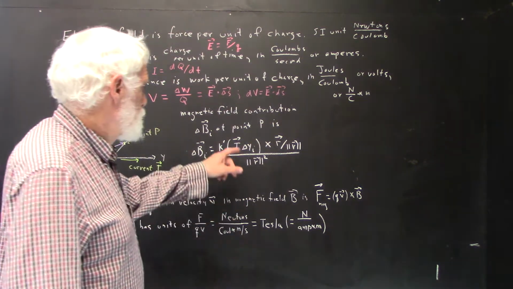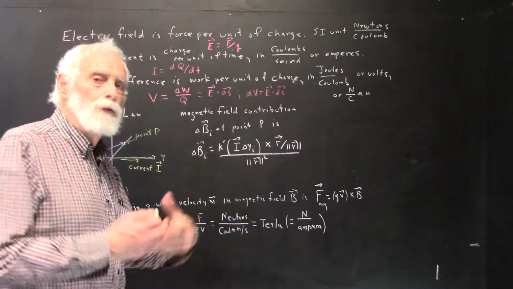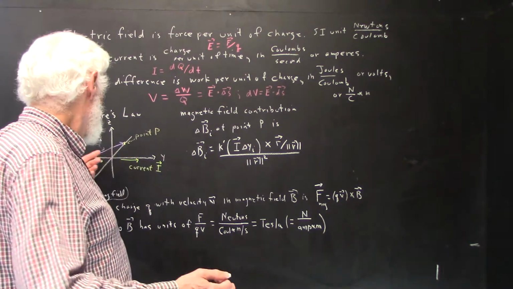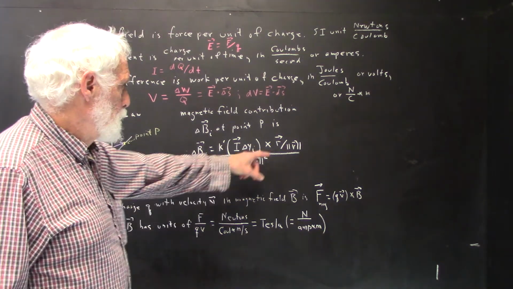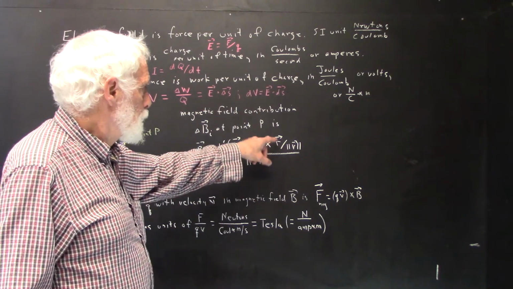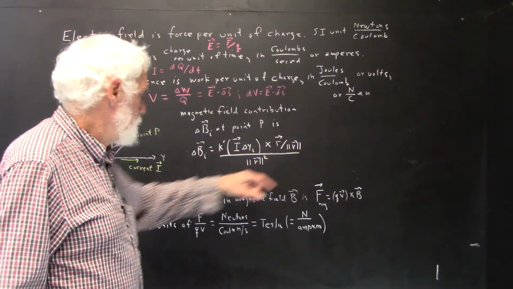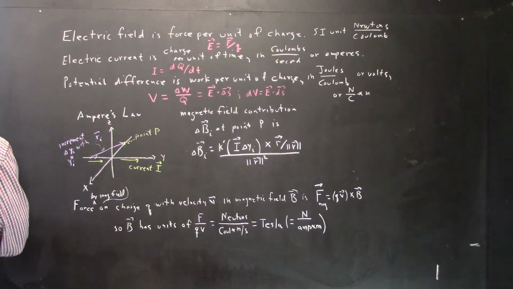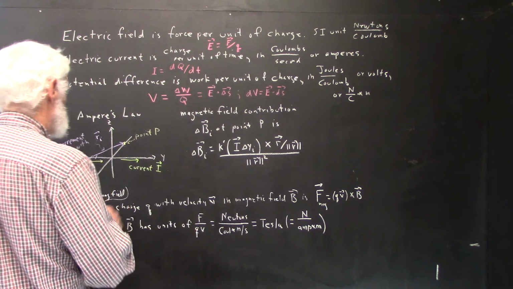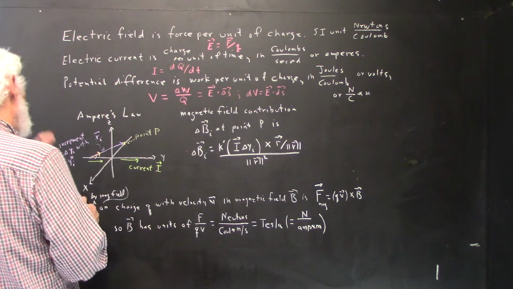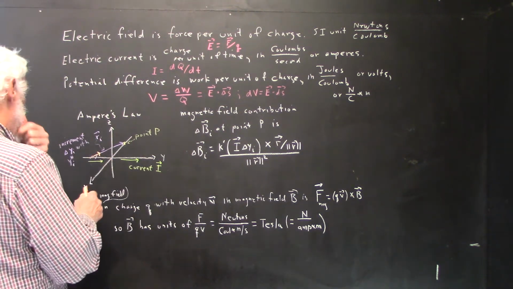Now, we don't want to cross I delta y sub I, which is one of the sources of the magnetic field. Well, it's actually the source of the magnetic field. We don't want to cross that with R. That would destroy the whole inverse square thing. We cross it with a vector in the direction from here to here. So I could even impose this.